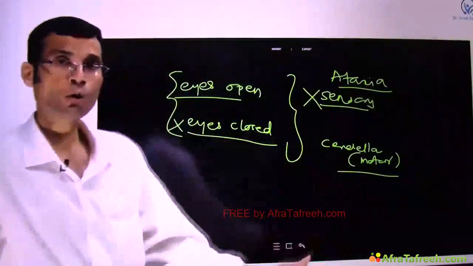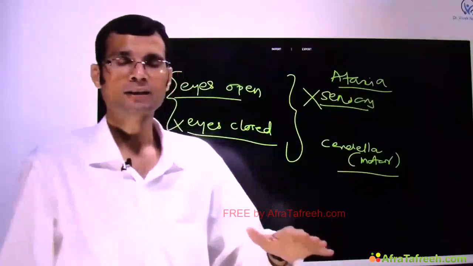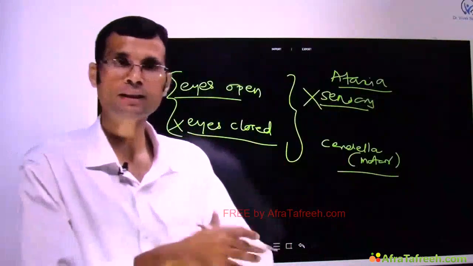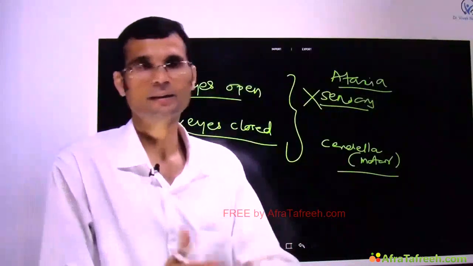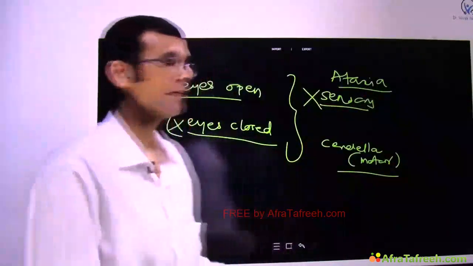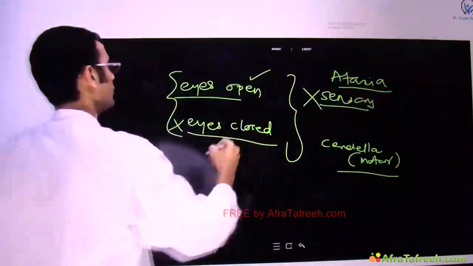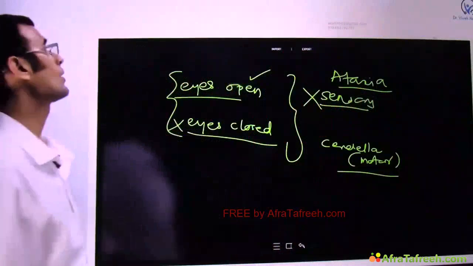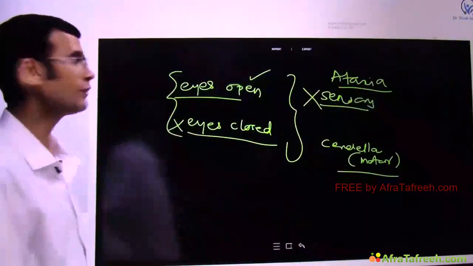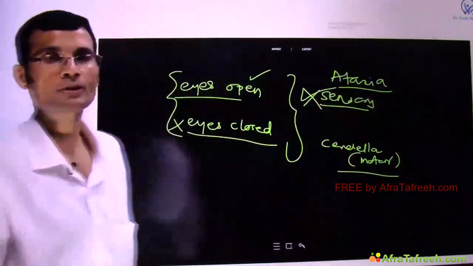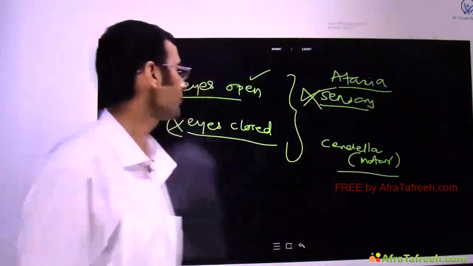But as the eyes are closed, now there is no visual input and already there is no information from the joints and the muscles regarding the proprioceptive impulses, so the patient will falter. So eyes open, patient performs the movement. Eyes closed, patient cannot perform the movement. This is the sign of sensory ataxia, loss of proprioceptive impulses going up into the cerebellum.